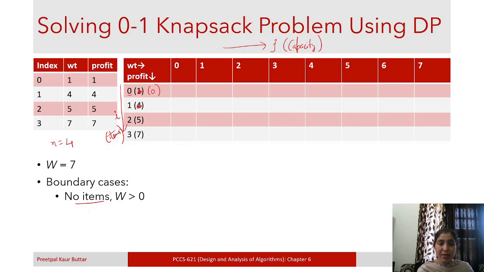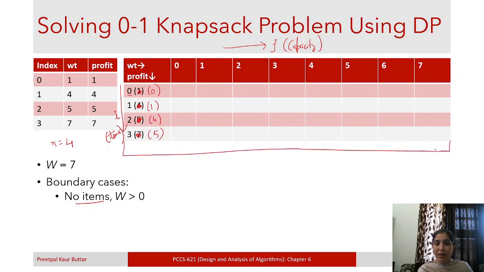At the first index, we have one item whose profit is 1. Then we have the next item whose profit is 4. Then we have the next item whose profit is 5. And at the end, we have another item whose profit is 7 at index 4. Okay, so these are the 4 items, 1, 2, 3, 4. And 0 means there is no item. Okay, so now it is okay.